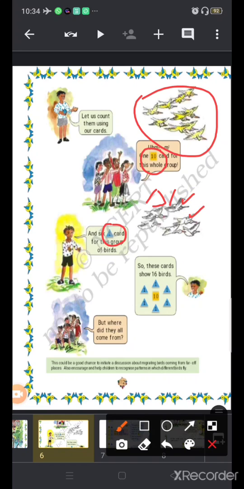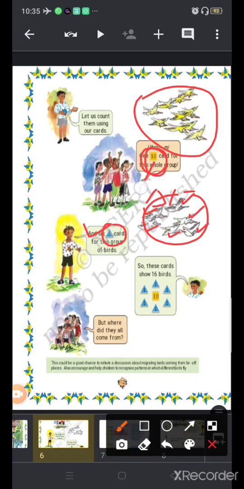1 2 3 4 5 6. So for these 6 birds they are using this triangular card, and for one group, meaning for 10 birds, they are using which card? This yellow card. Same down is written. So these cards show 16 birds.